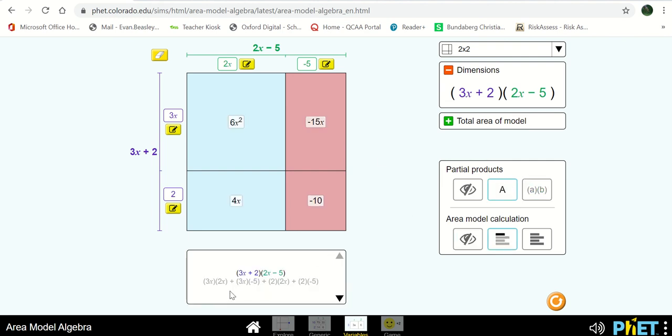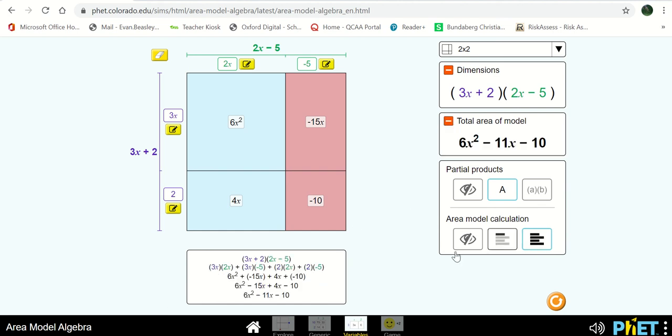So if we're using the distributive law, what are we doing? We are going to go through a few different steps. We're just going to say, well, 6x squared, take 15x, plus a 4x, take 10. Now we don't even want to worry about this step at the moment. We're just worrying about this step.